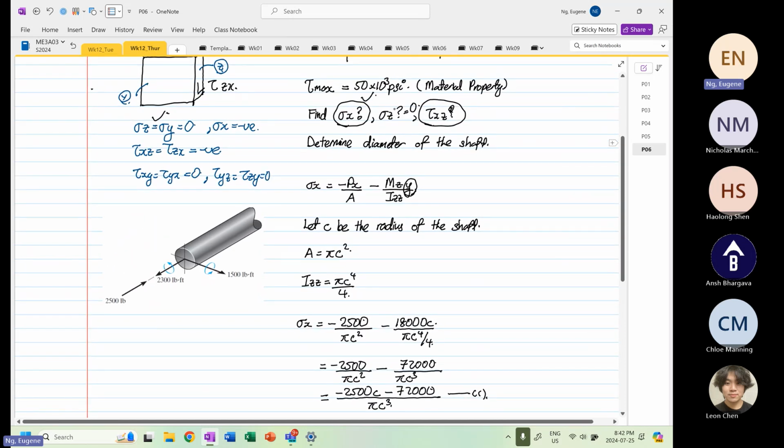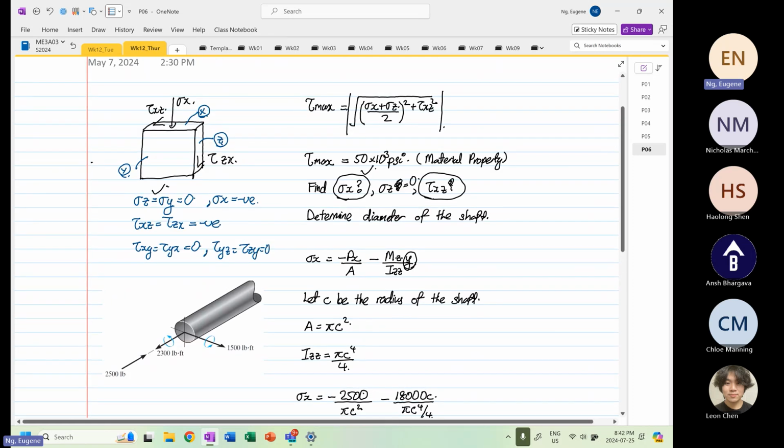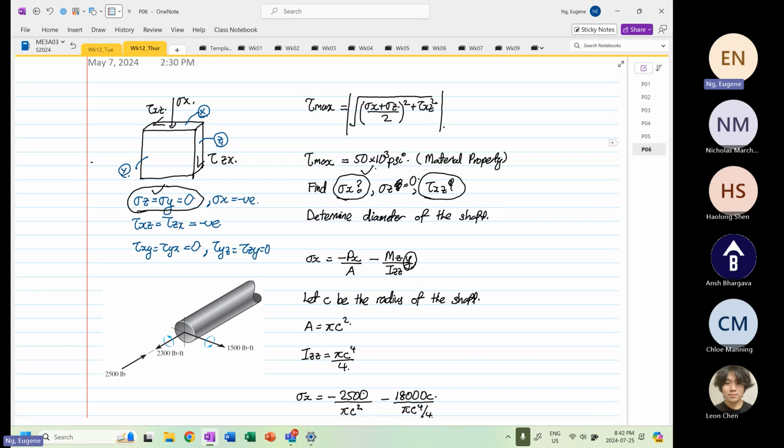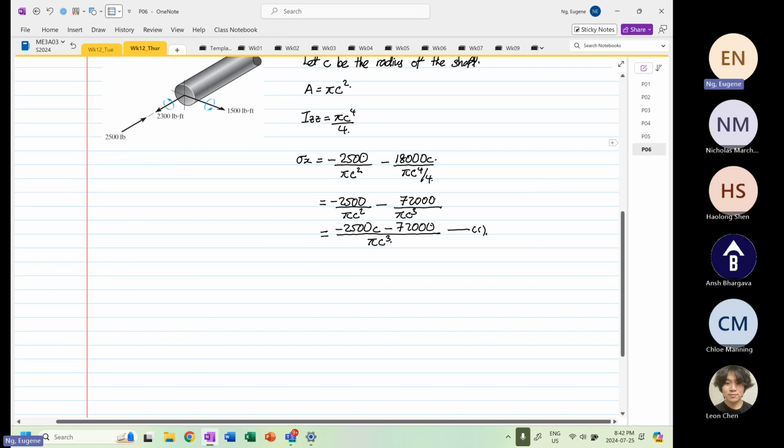We know that stress z is equal to 0 because there is 0 stress in the z direction. Now we need to identify the shear xz. The shear xz is due to the applied torque.